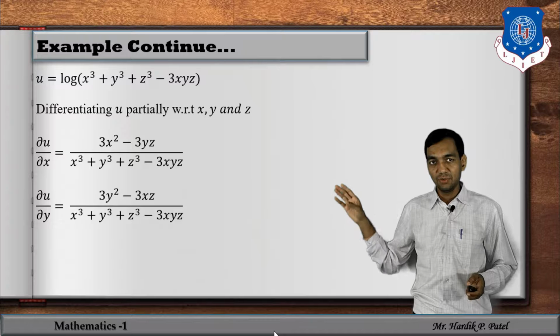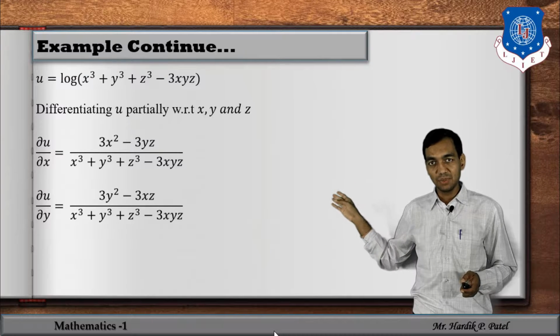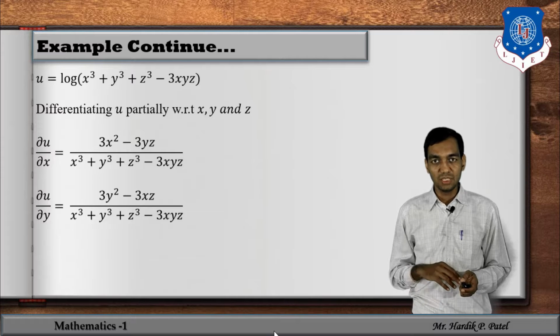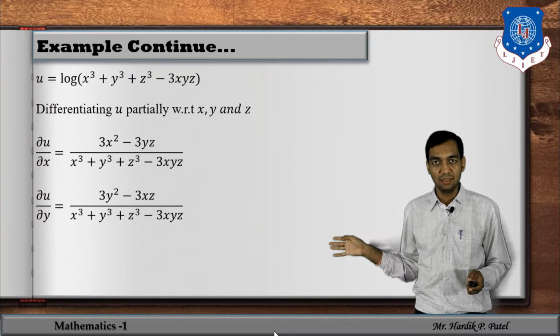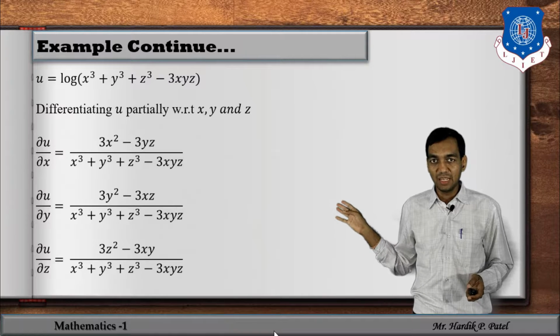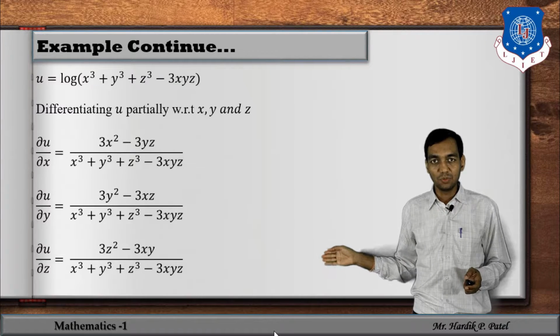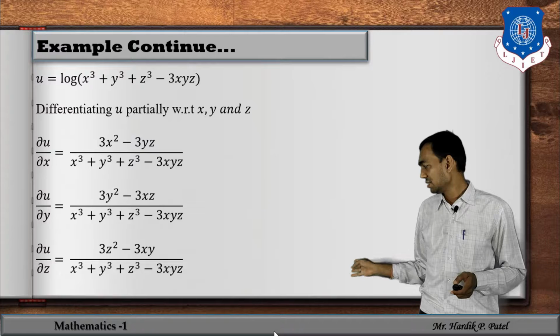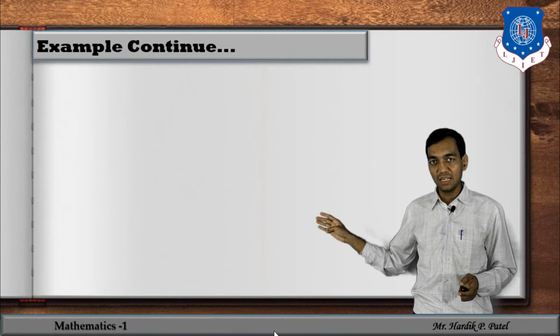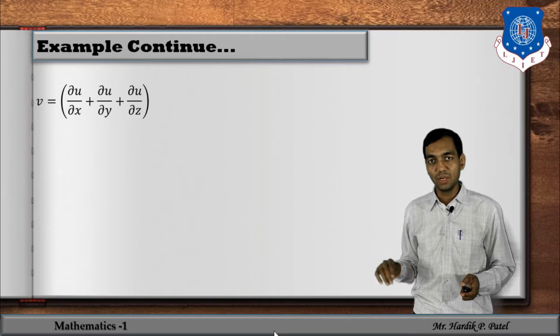In the same manner, the derivative with respect to y will be 3y square minus 3xz divided by x cube plus y cube plus z cube minus 3xyz, and the derivative with respect to z is 3z square minus 3xy divided by x cube plus y cube plus z cube minus 3xyz. Now, v is equal to del u by del x plus del u by del y plus del u by del z.